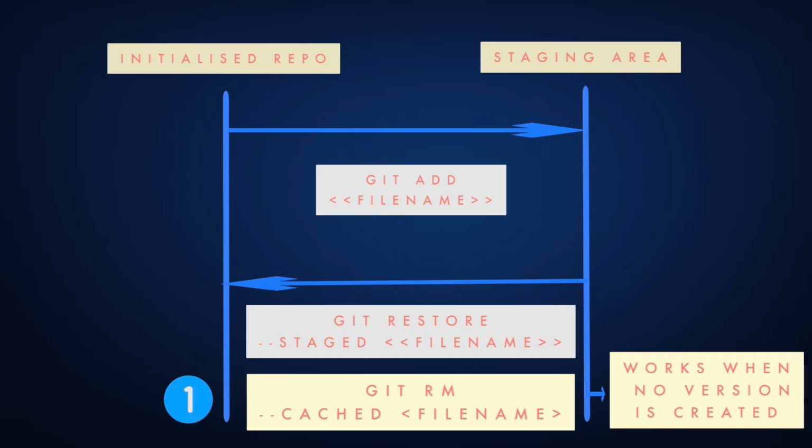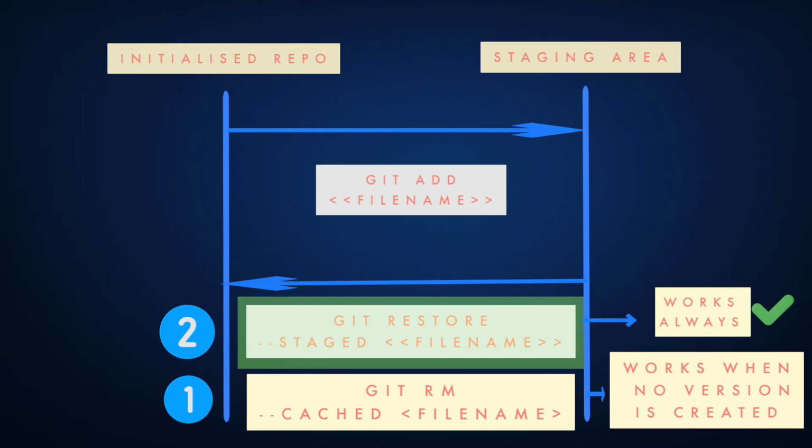This will remove the file from the staging area, and the file comes back to the untracked area. Now the second command is git restore --staged file name. This command always works whenever you have some version in git.